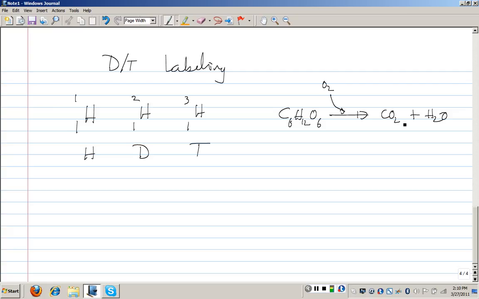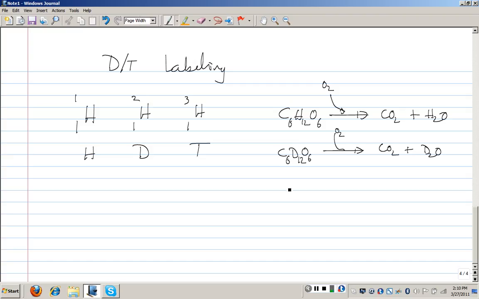One way of testing is to say, well, fine, I'm going to control its diet, so the only source of glucose that it finds has D rather than H. And if I find that under normal metabolic conditions it generates D2O, then it must mean that the D came from the glucose.